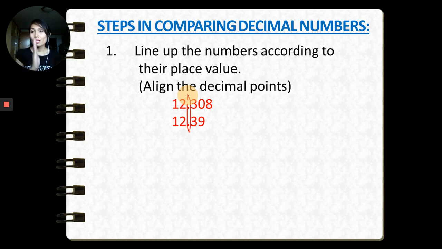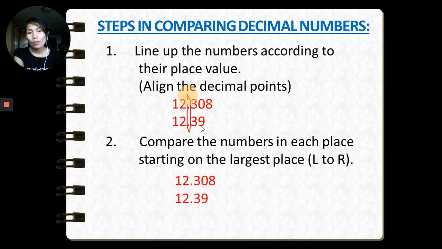So then that means they are aligned according to their place value. So in here, you see 12 is the whole number, 3 is the tenths, 0 and 9 is the hundredths. Okay, that's the first step, line up the numbers. If you're confused with the place value, line up the decimal points. Okay, focus on the points.